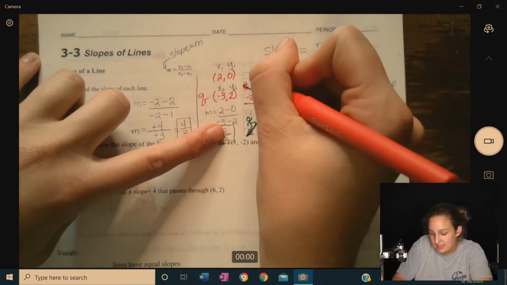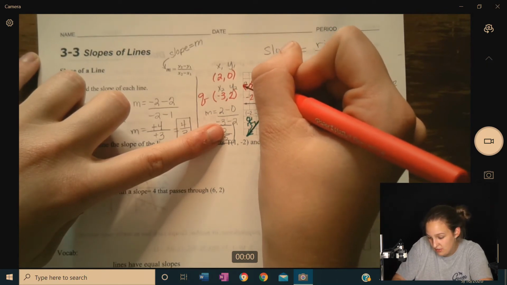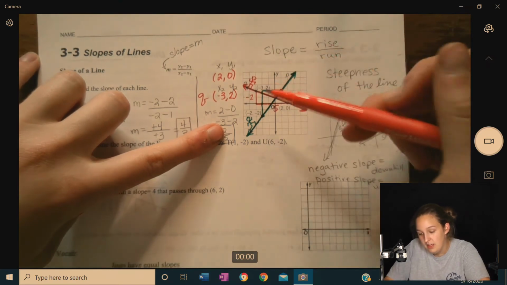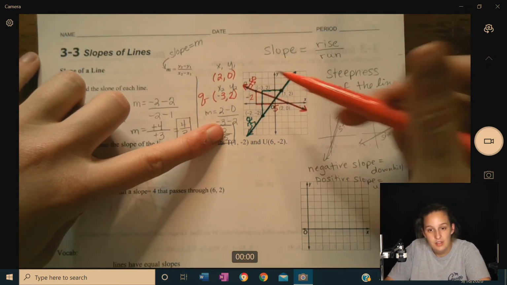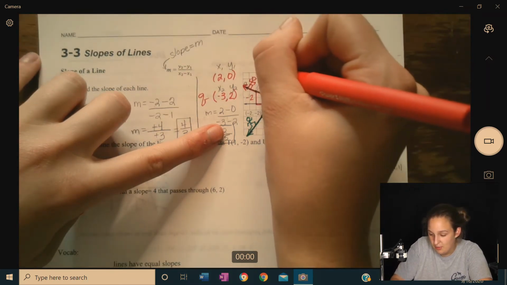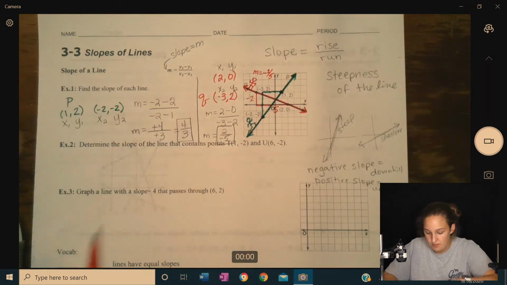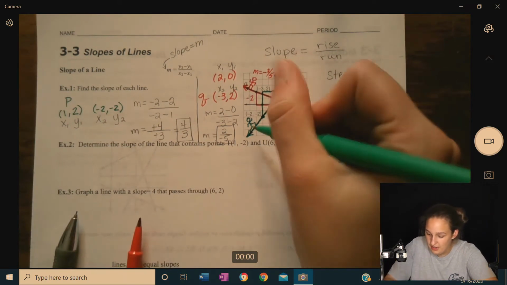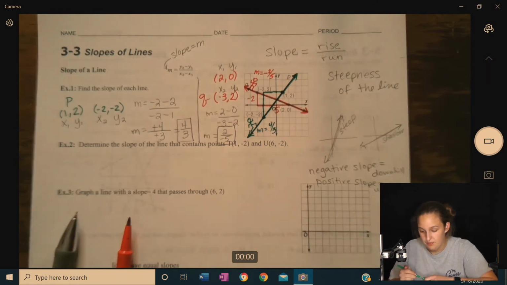So for this guy running along, he's going downhill. So this guy has a negative slope. And this guy over here has a positive slope. M is equal to 4 over 3. All right.